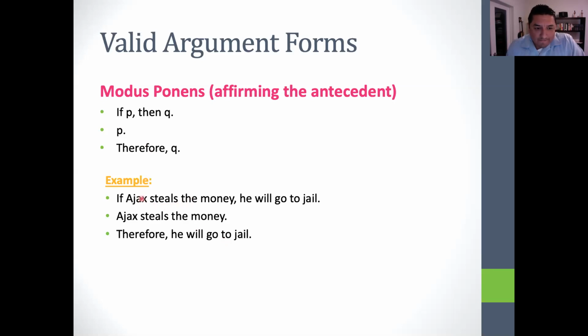Look, Ajax steals the money is the antecedent. Ajax will go to jail is the consequent. Notice there's no then in there, right? That's the consequent. Okay. And then on the second line, you have an affirmation of the antecedent, which is Ajax steals the money. And then you can go ahead and affirm the consequent as the conclusion. He will go to jail, which is up here, right?